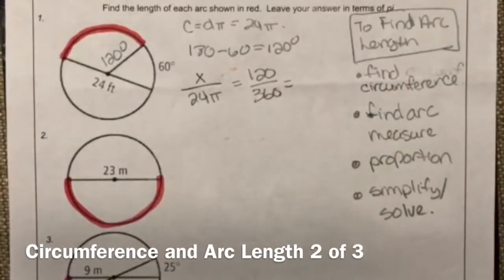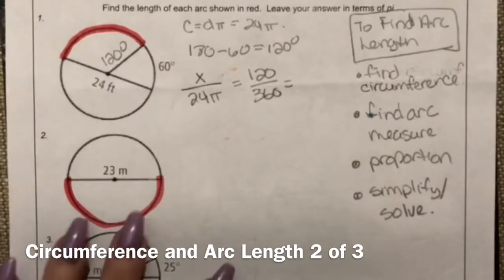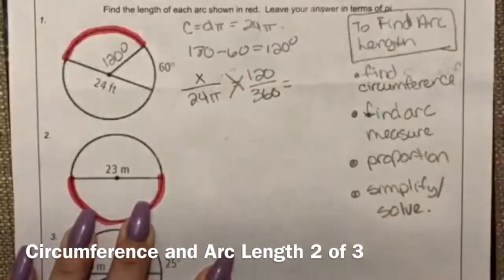Once I'm here, I just need to simplify by cross multiplying and then simplifying.